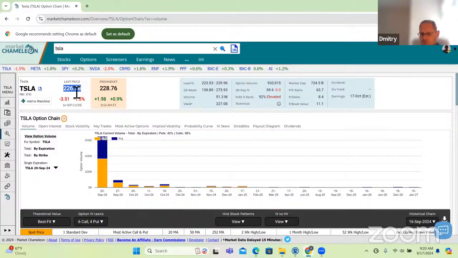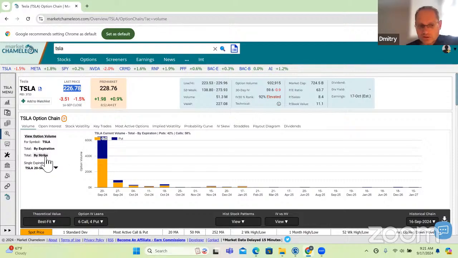So if we just look at all the options irrelevant of the expiration, all the options that are traded, and then graph them by the strike, what does that look like?